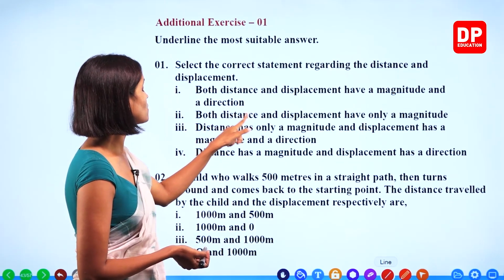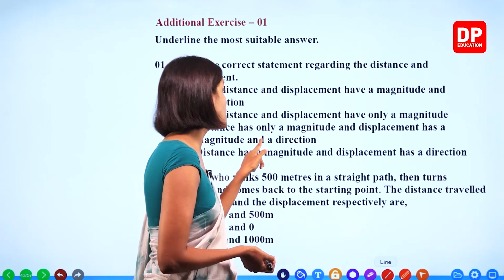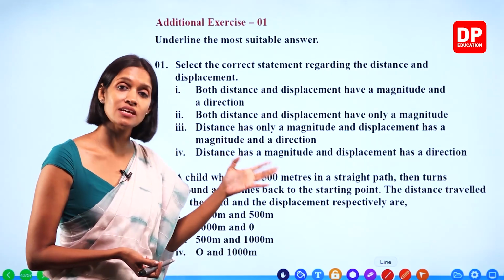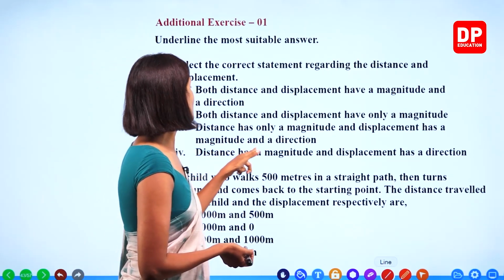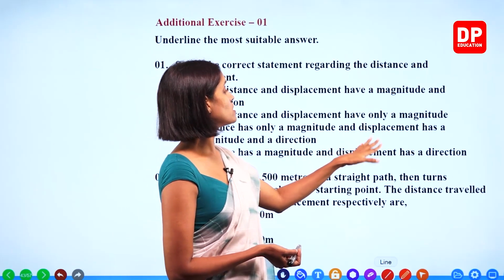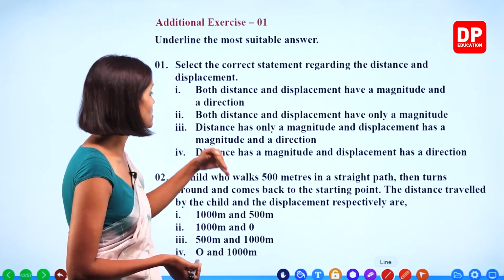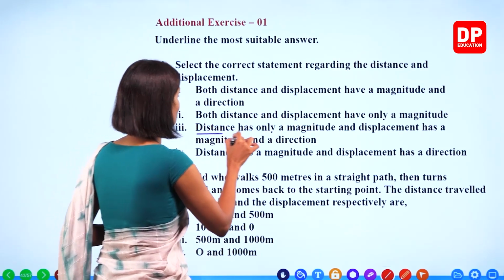Distance has only a magnitude and displacement has a magnitude and a direction. That is correct. That is why distance is a scalar quantity and displacement is a vector quantity. Distance has a magnitude and displacement has a direction. They both have magnitudes and displacement has a direction too. Therefore, the correct answer is number 3.